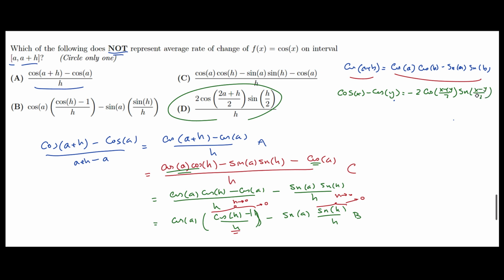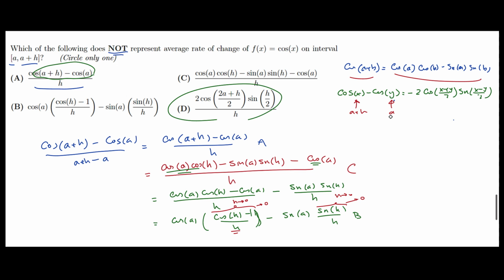Now, notice that the top part of when we started putting the equations down, that part is cosine of an angle minus cosine of another angle. But also notice in here, the first angle is a plus h, the second one is a.